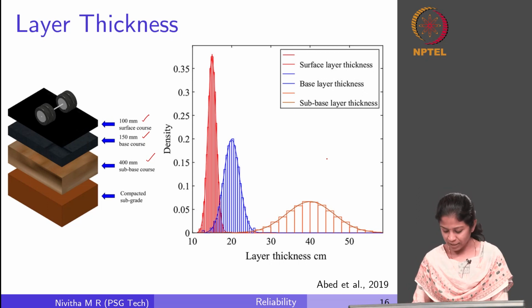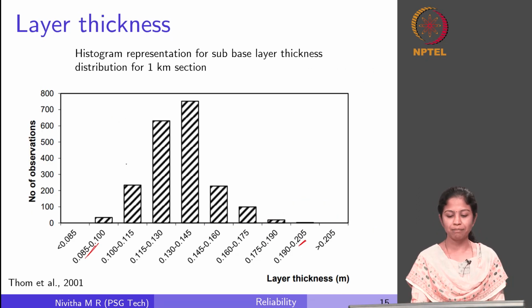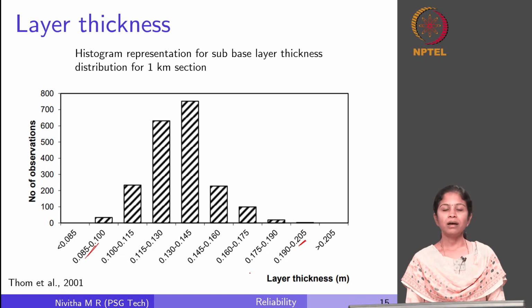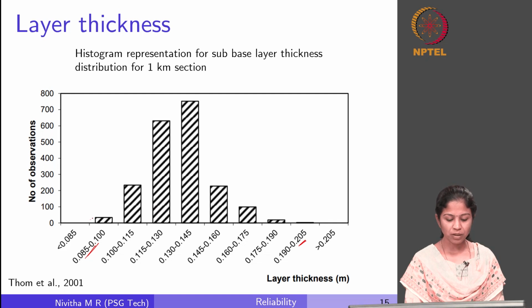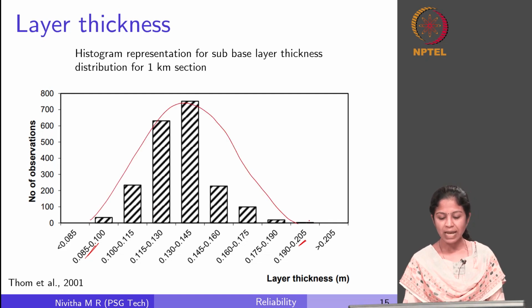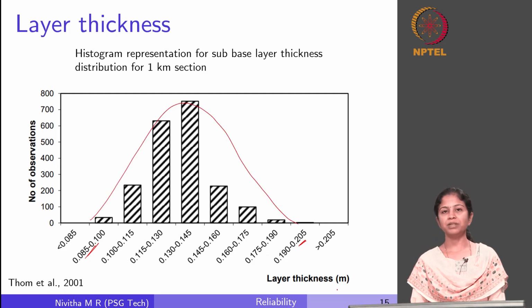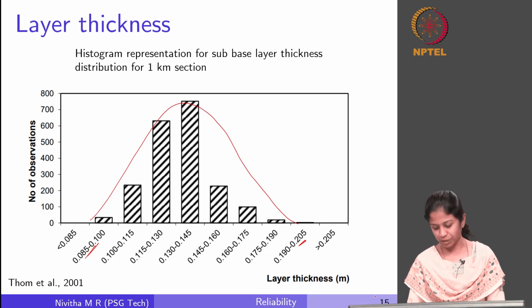If I am plotting a histogram of this variability, in most of the cases we might be able to approximate it with the normal distribution. In some cases we will also observe other kinds of distributions like log normal or beta distribution or extreme value distribution. So different kinds of distributions may be observed, but many times we will be able to approximate it with a normal distribution.